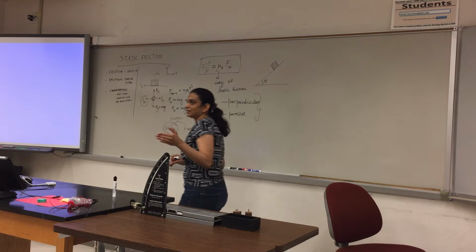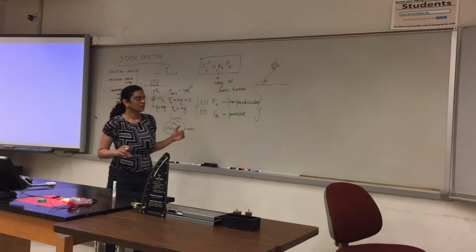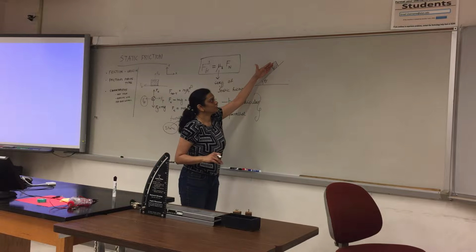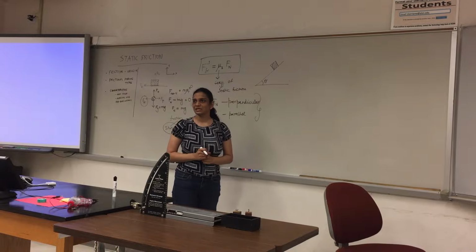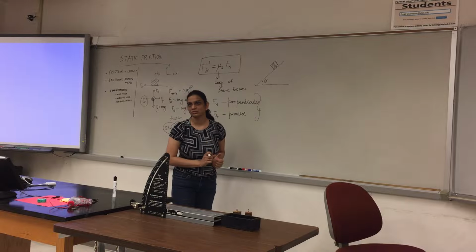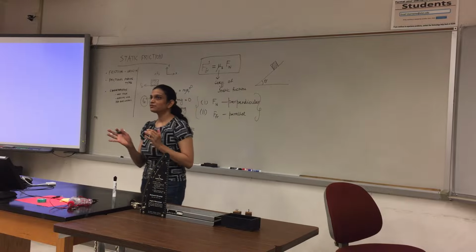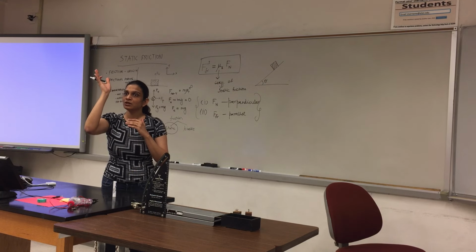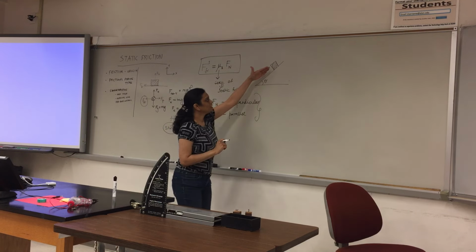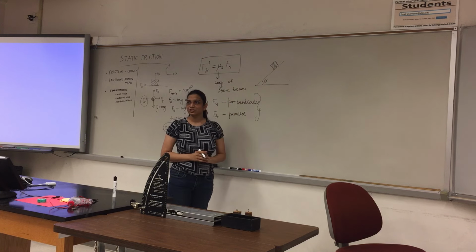So at that angle, the component of gravitational force along the incline is able to overcome the maximum static friction force and the box begins to slide down. Until then, the static friction force goes on increasing to balance the gravitational force along the incline.